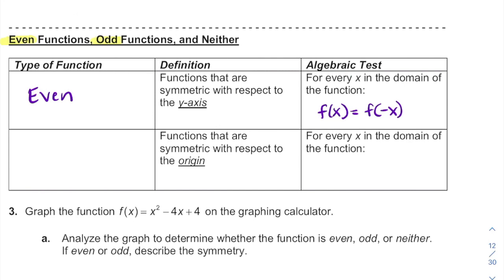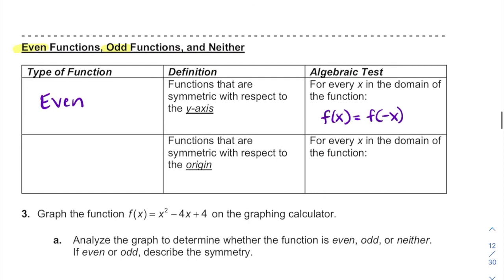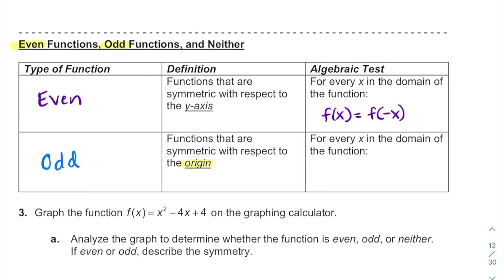Or our second one here, now that we talk about odd functions, you would think that since even are y-axis, it would be x-axis, but it is not. Odd functions are functions that are symmetric with respect to the origin. So this is our rotational symmetry.